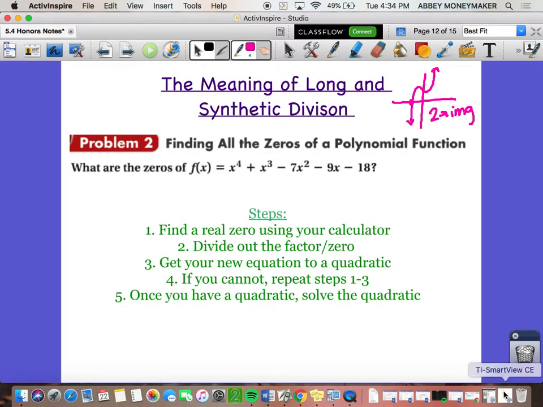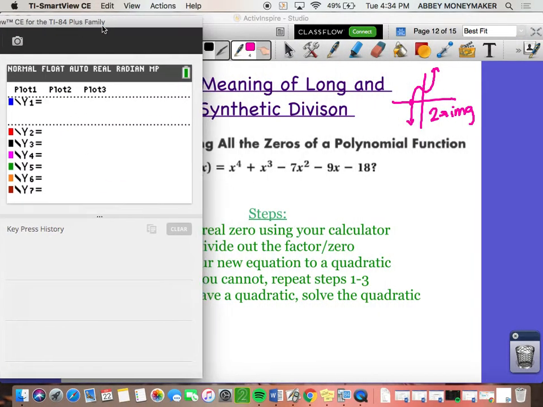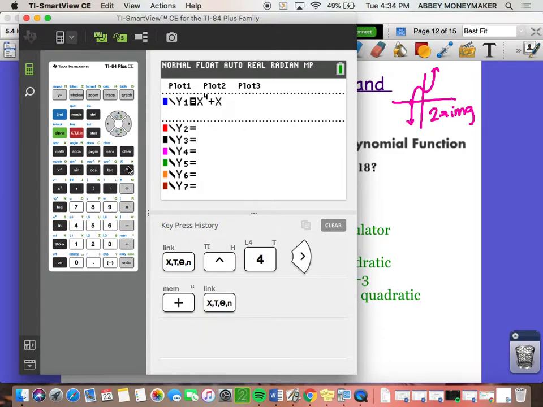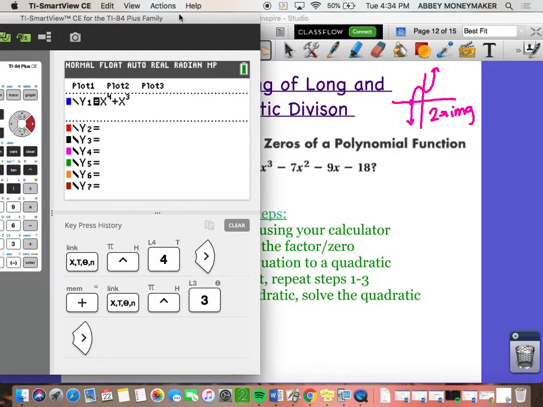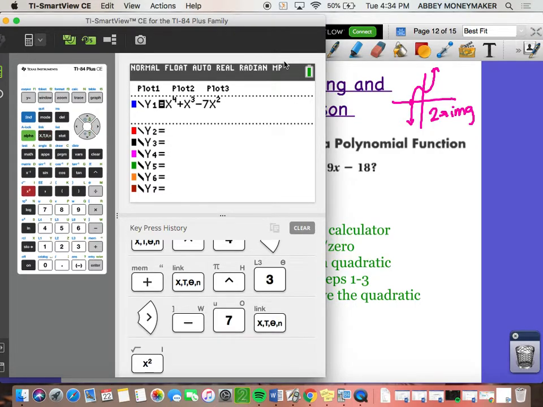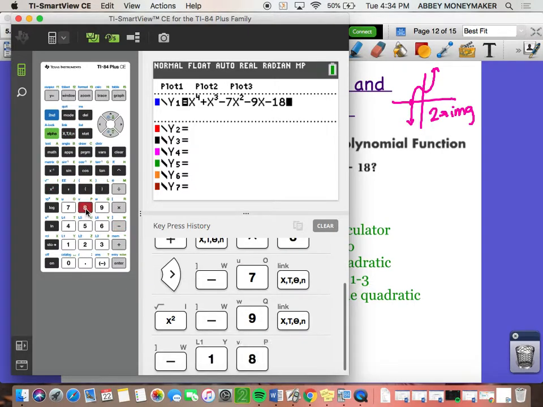So let's grab our calculator and type our equation into y equals x to the 4th plus x cubed minus 7x squared minus 9x minus 18.